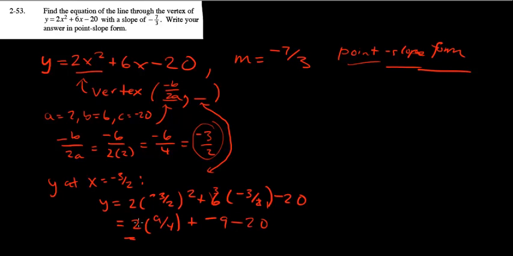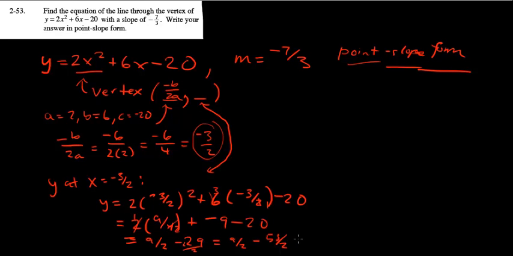Okay, the 2 cancels out here, so I get 9 over 2 minus 29. So that's equal to 9 over 2 minus 58 over 2. I just made the denominator the same by multiplying by 2 over 2.